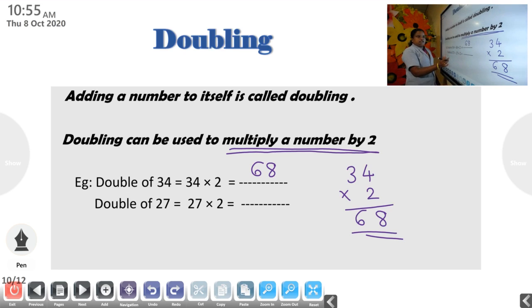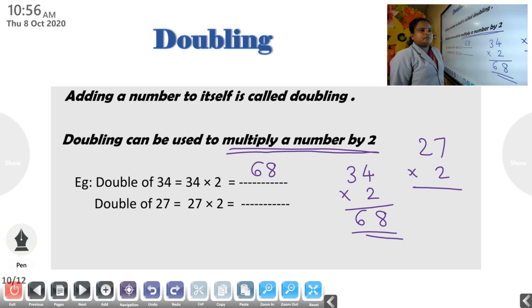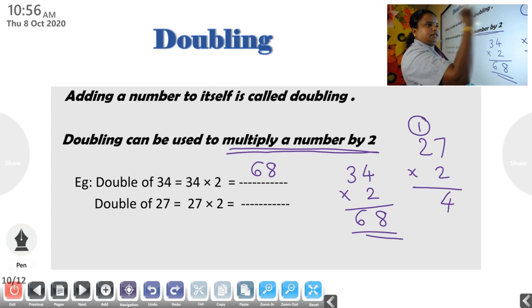Then double of 27. Double of 27 is equal to 27 into 2. 7 twos are 14. Write 4 in the ones column. Then 1 is carry over to the tens place.